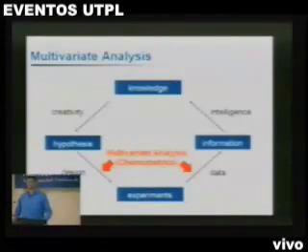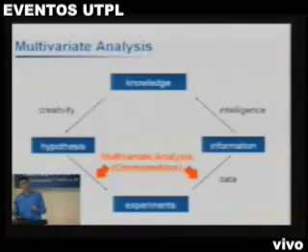Okay, what is multivariate statistics? Look at this schematic circle. On the top, we have knowledge. If we have some creativity in our brain, we can form some hypotheses, okay? And on the basis of the hypothesis, we can design some experiments. The experiments give us the data describing the problem.